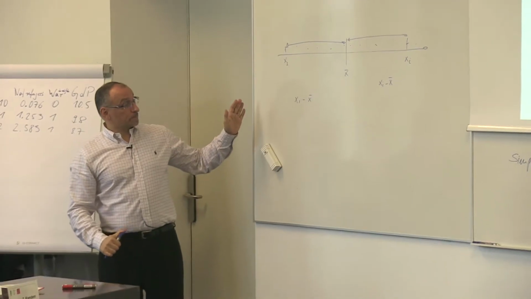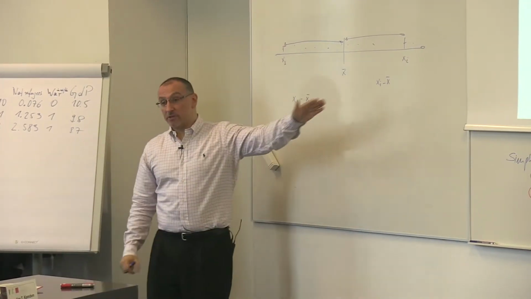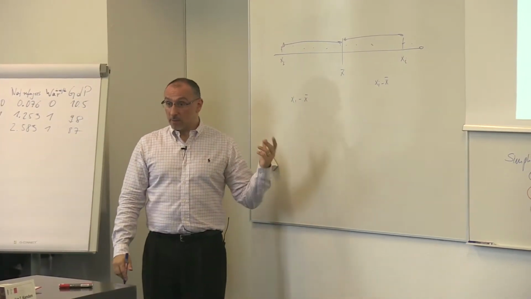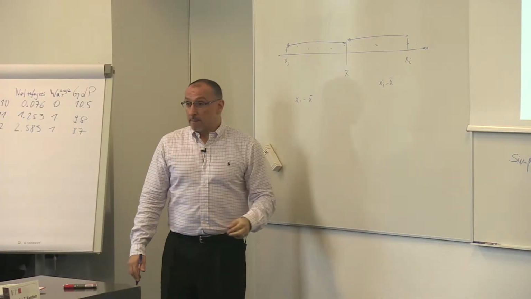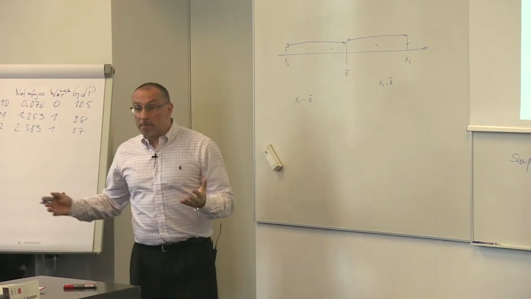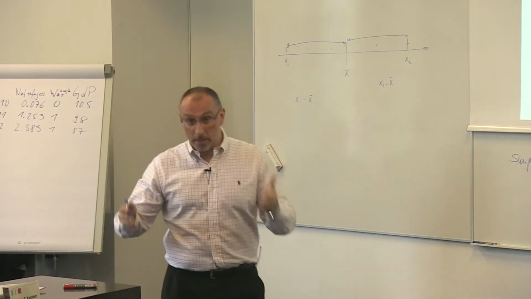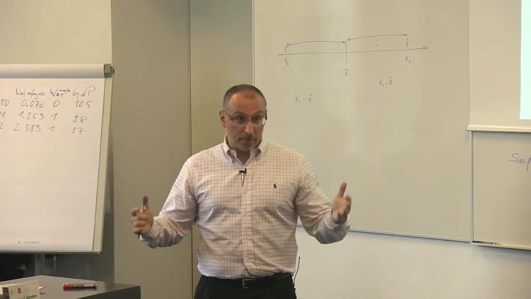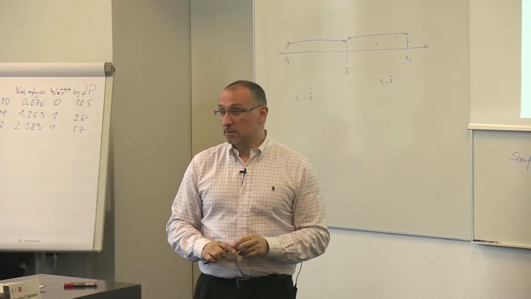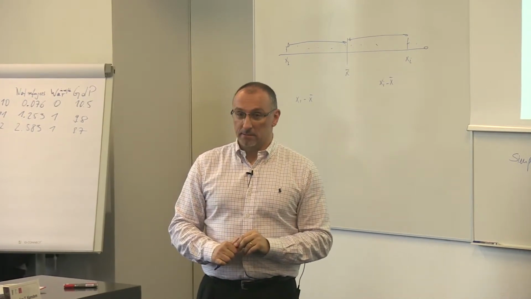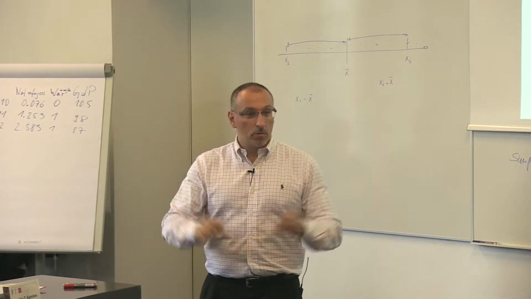Now, if I do this for every single point, I would capture each individual distance of every individual point from the mean. And if I add it all up, I would have a global measure of variability, how far each point is from the mean, right? What would that measure be?